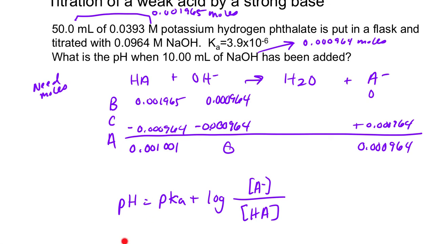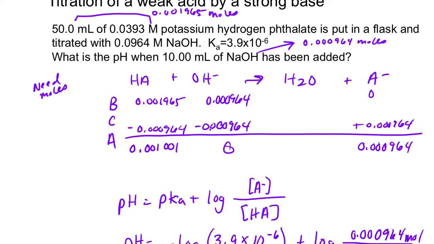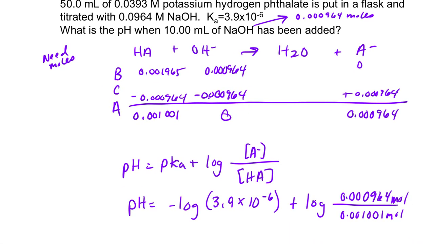All right, so pH equals minus the log of 3.9 times 10 to the minus 6, plus the log of the 0.000964 moles A minus over the 0.001001 moles of HA.